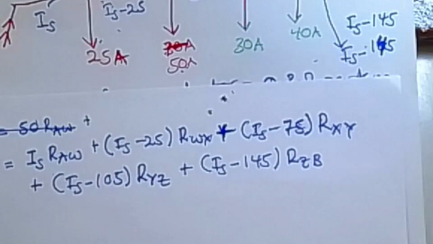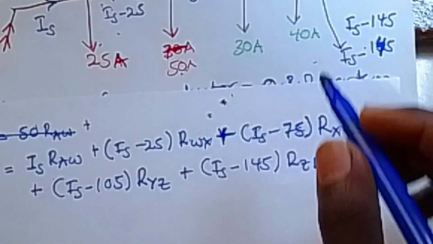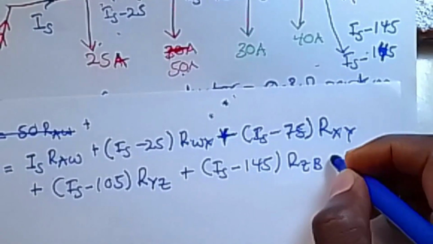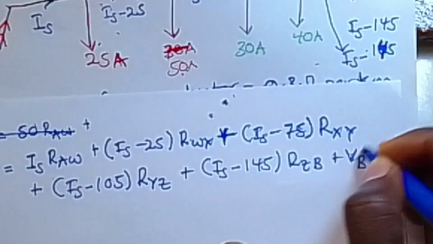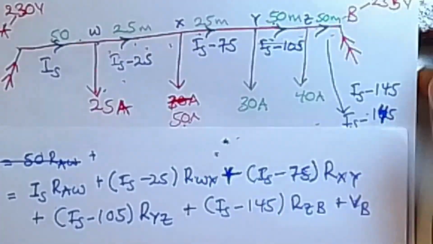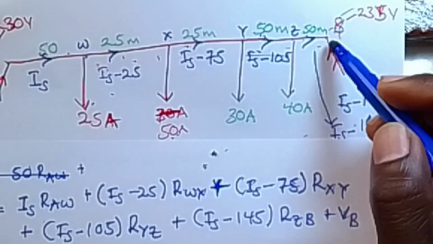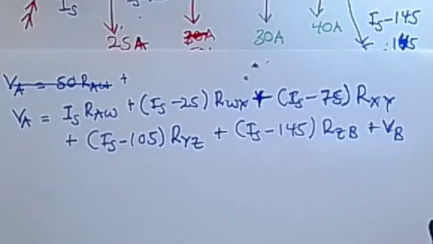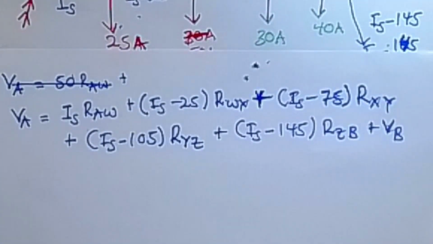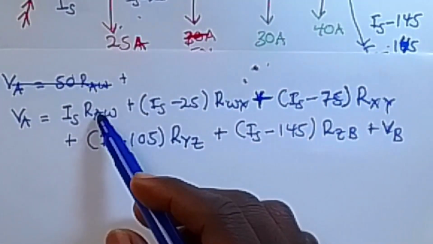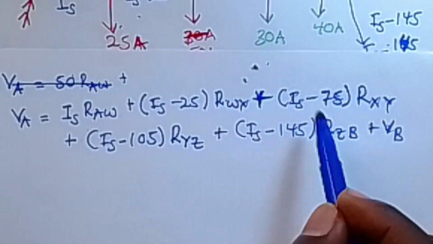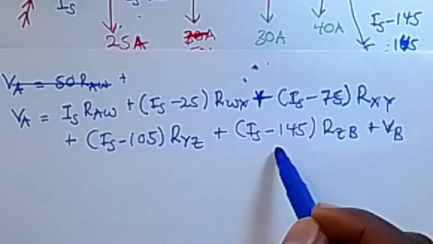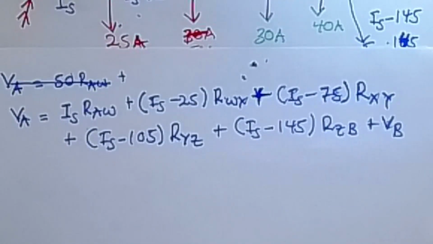So these values here, we have calculated all of them. Now I have not added plus VB, okay? So there is a plus VB this side, which is the voltage at this point here. From that, we can take VB and VA to the other side, since we already have them. And then we shall keep on substituting the values of RAW, RWX and all these other respective values, such that we shall remain with only IS as the unknown in this equation.